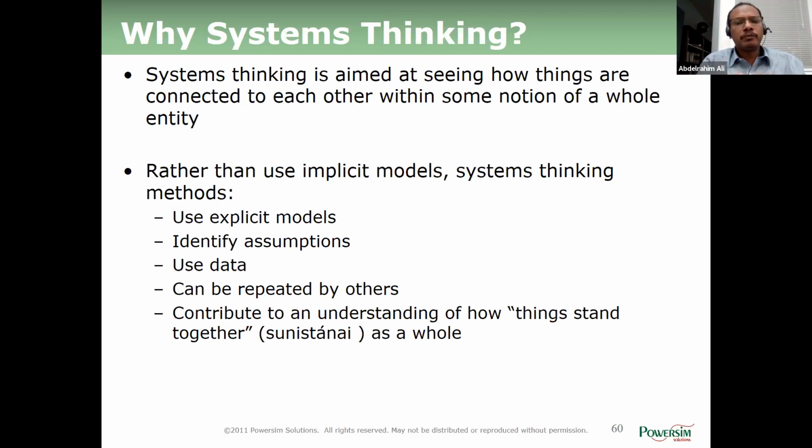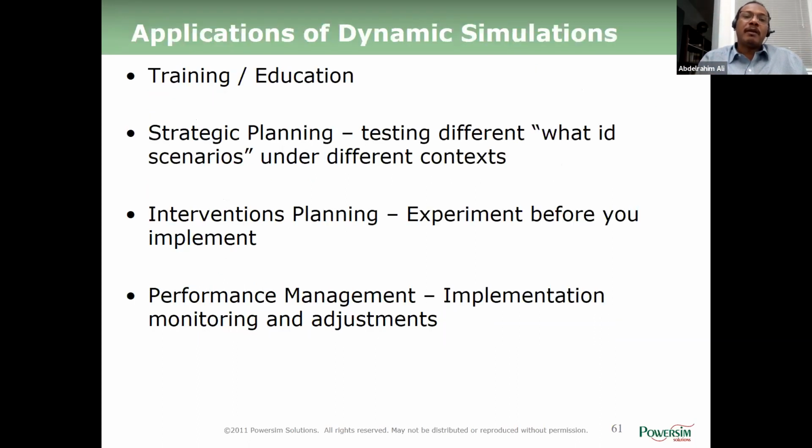And it also uses data, it's not just assumptions. It can be repeated by others, because once you develop the model, people can think about it and repeat it. And the most important thing is to contribute to understanding how things stand together as a whole. That may be the most important thing in systems thinking and dynamic modeling.